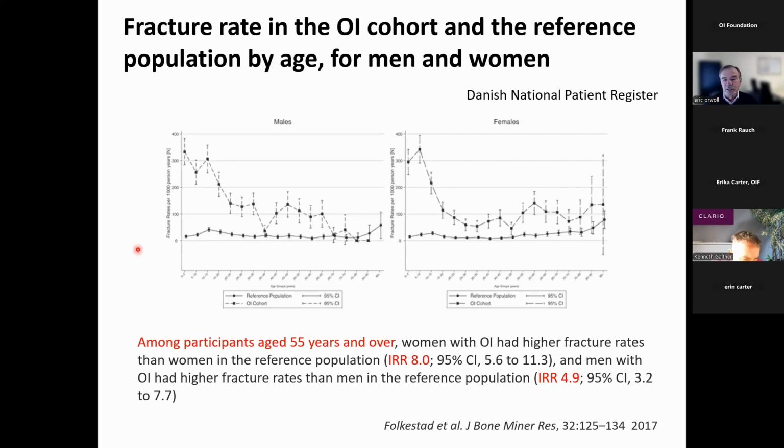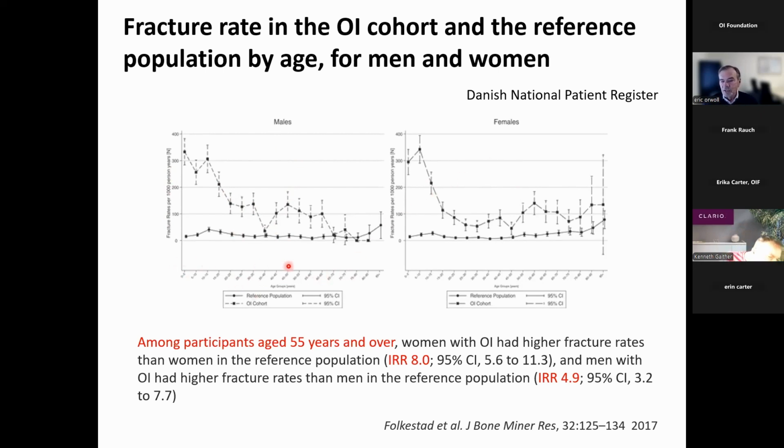Here, what they reported is the fracture rate on the y-axis as a function of age on the x-axis in people with OI in the dotted lines compared to a control group of people in Denmark without OI. Males are on the left, women are on the right.